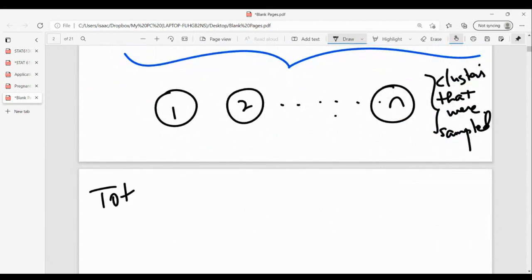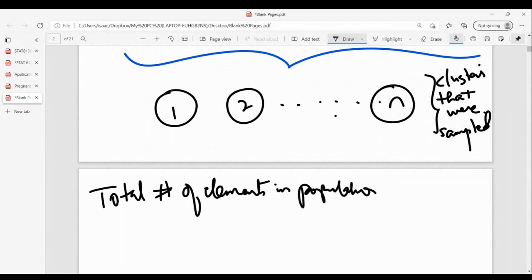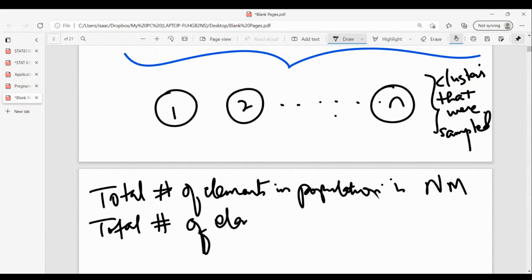So the total number of elements in the population is NM, and the total number of elements in the sample is what?